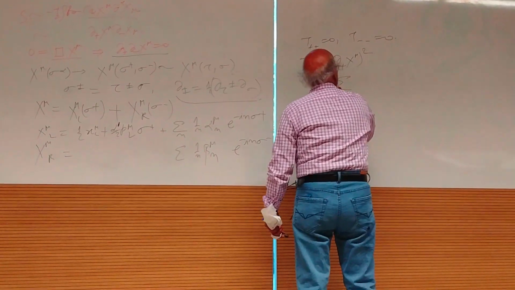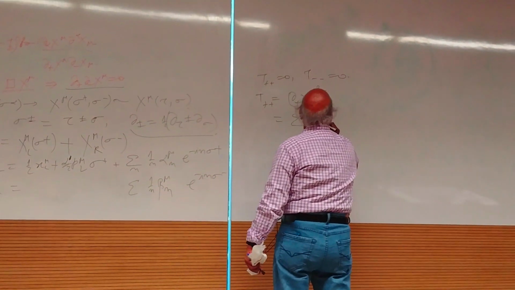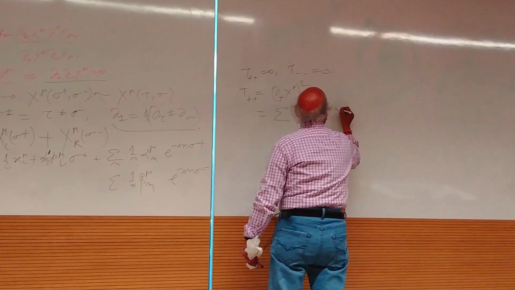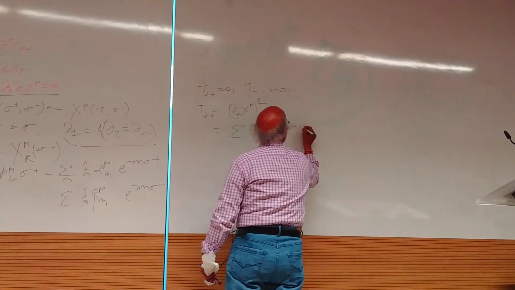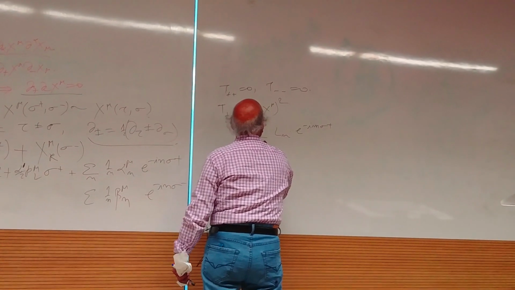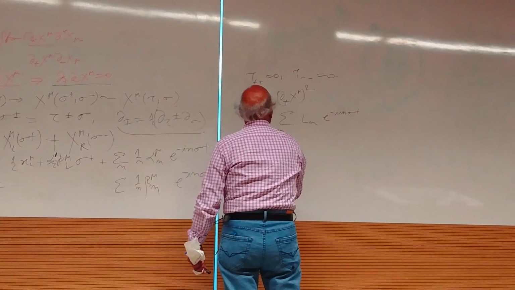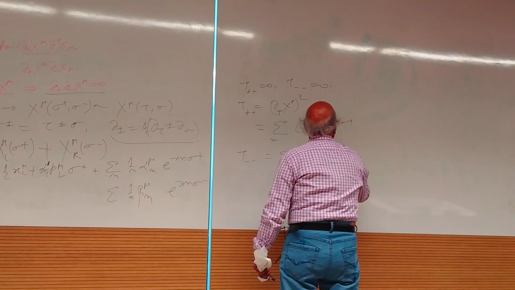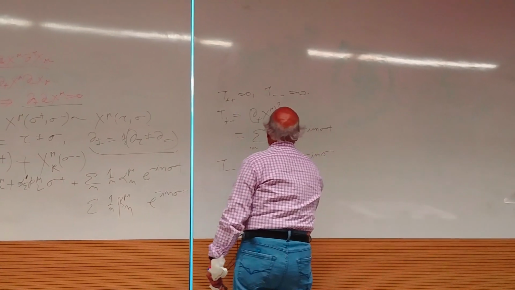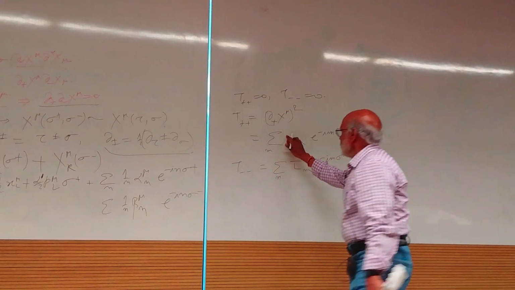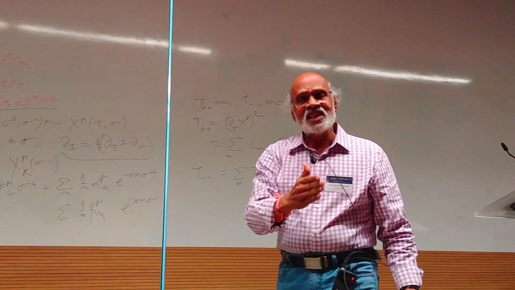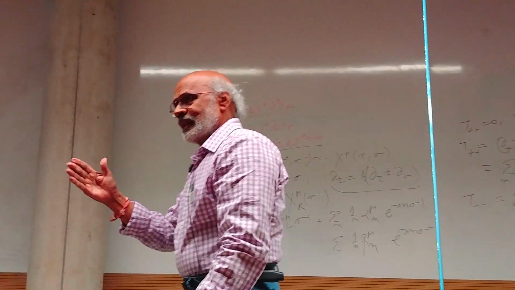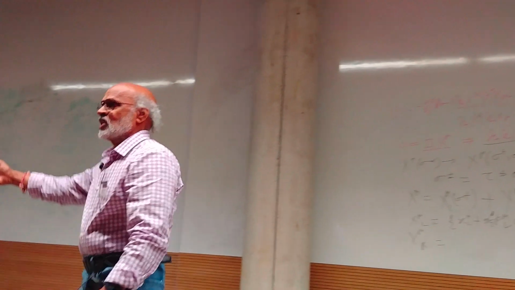One can again write the Fourier expansion of this, L m, and T minus minus can also be written similarly. Here the summations over m go from minus infinity to minus 1, then to 0, then plus 1 up to plus infinity.